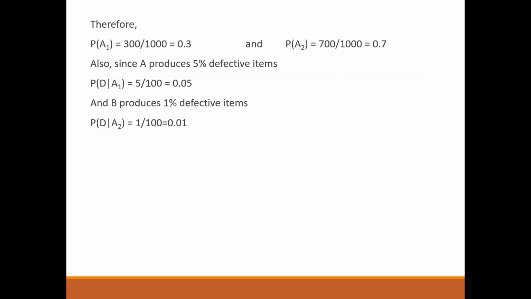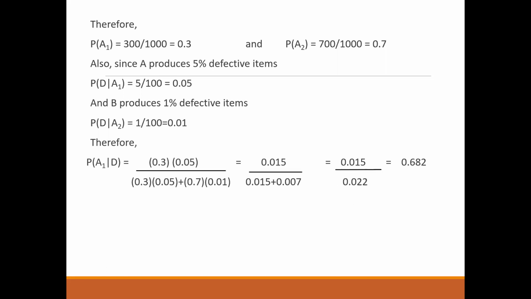Now, using all the values in the formula above, which we did in the previous slide, we can put it like this. Okay, so 0.3 multiplied by 0.05 divided by 0.3 into 0.05 plus 0.7 into 0.01.